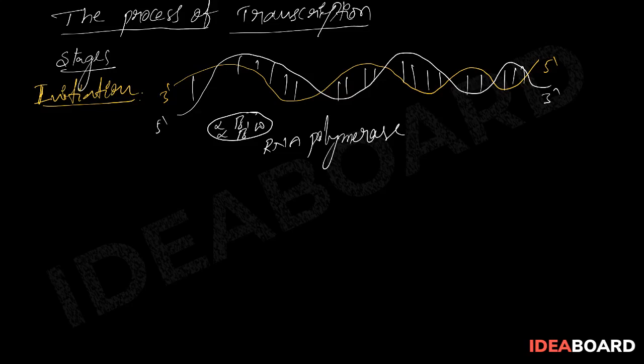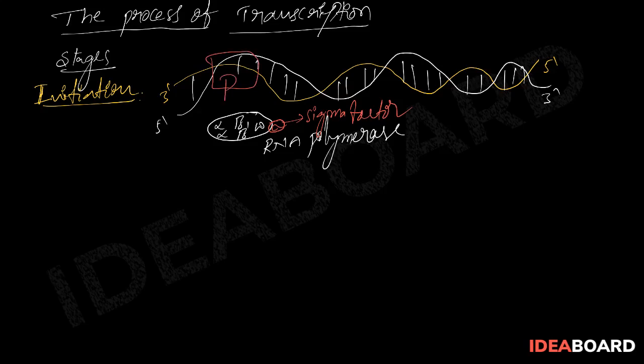And mainly it is initiated by sigma factor, which is also associated along with this. With the help of sigma factor, the transcription is initiated. So this is the region we call the promoter.